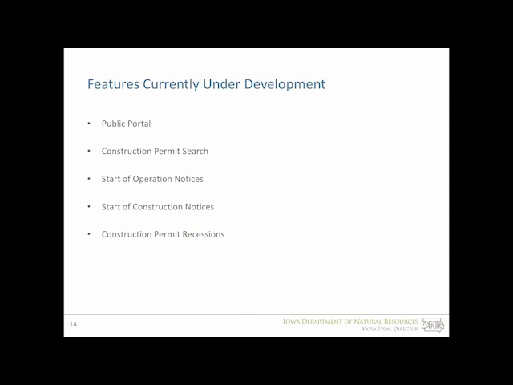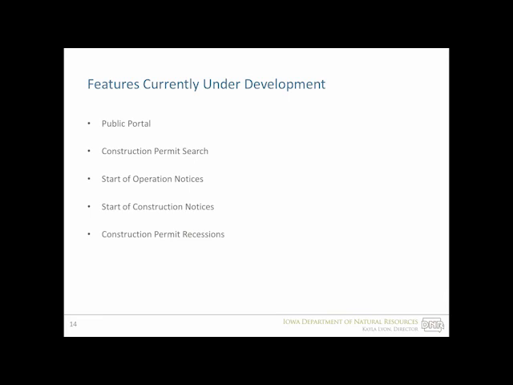You'll notice that when you click on them, nothing happens. We haven't uploaded all the construction permits yet, and we're finishing up the start of operation and start of construction portion of the system. So you should be able to submit those in the system sometime in January, and of course we'll let you know by the listserv when that's available. And also construction permit rescission.